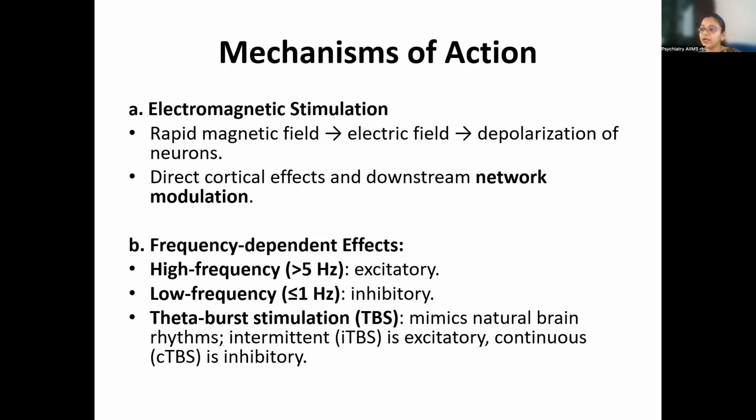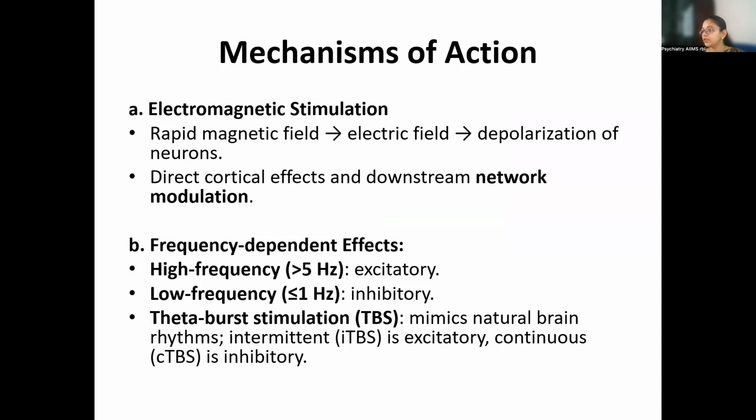Now, coming on to the mechanism of action in detail, like we said, electromagnetic stimulation, a rapidly changing magnetic field, produces electric current and causes the depolarization of the neurons, and the direct cortical effects and downstream network modulation are affected thereafter. We had discussed briefly the frequency dependent effects.